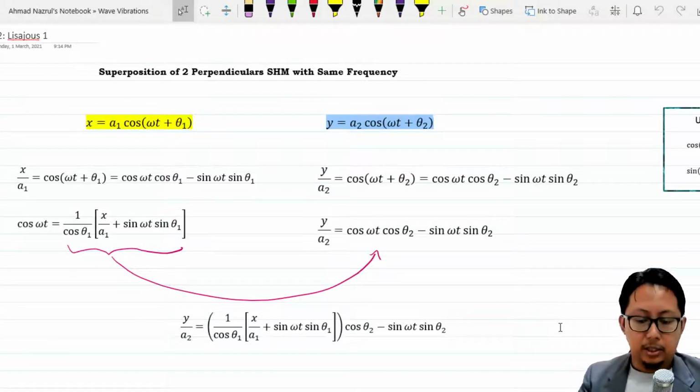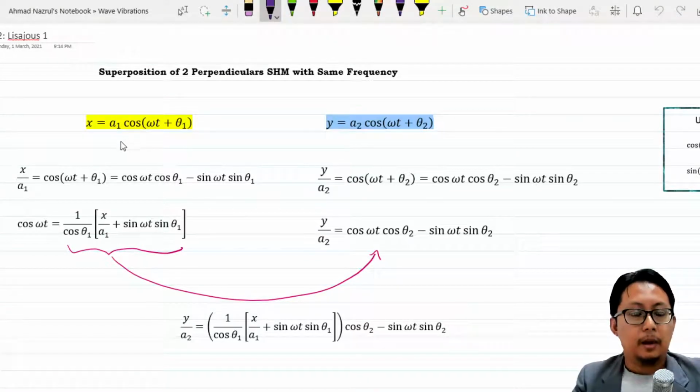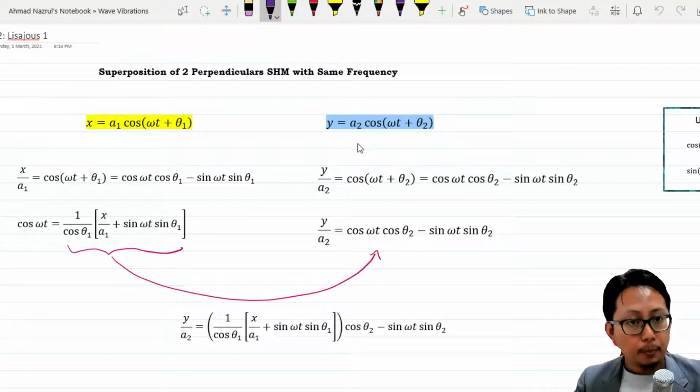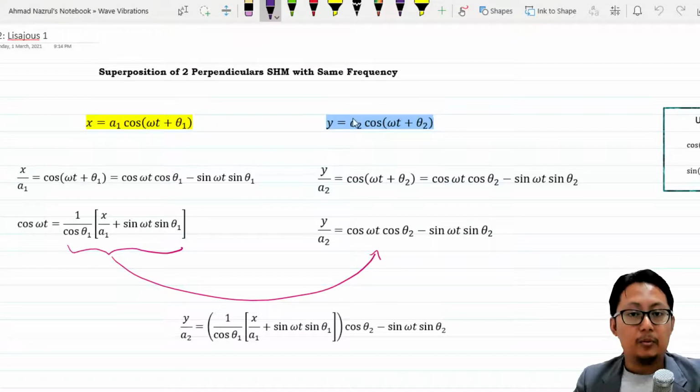For the x direction, we have A1 cos(omega t plus theta 1), and for the y direction, A2 cos(omega t plus theta 2). A1 and A2 are the amplitudes for x and y. Omega is the same because we discuss the same frequency. And the phase angle for x is theta 1, and for y is theta 2.